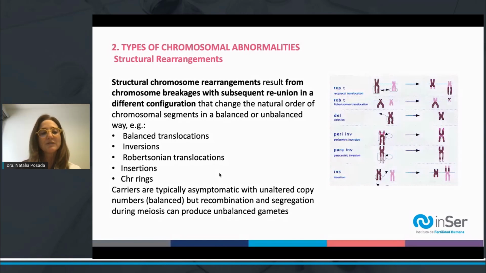Others are insertions, chromosome rings, or Robertsonian translocations, which are usually not balanced. Anyway, parents who are carriers of these structural rearrangements are usually asymptomatic, and they have an unaltered copy number, that is, they are balanced. However, their gametes are often not balanced due to the process of recombination and segregation that occurs during meiosis.